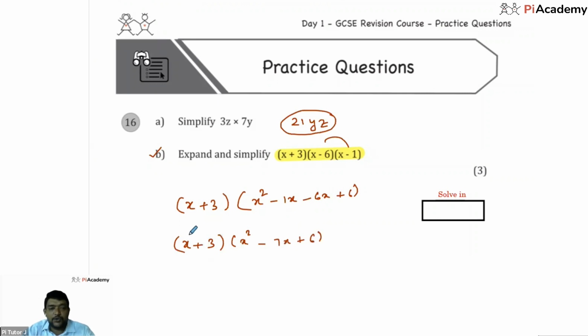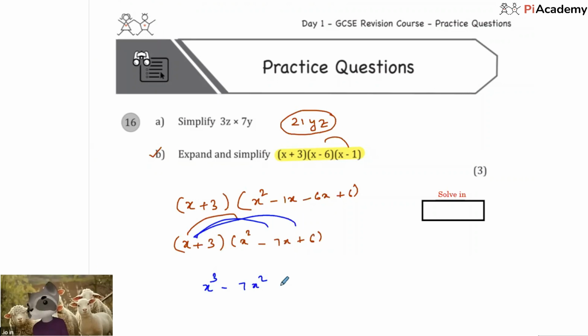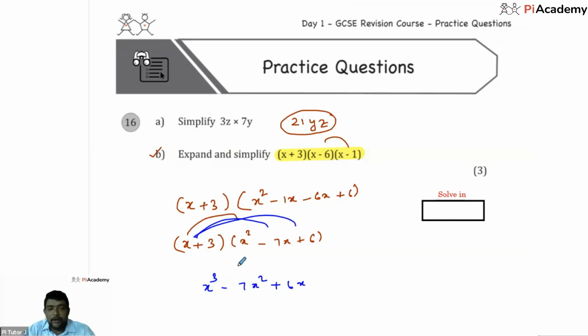Now I multiply these two. x times x squared is x cubed. Next, x times minus 7x is minus 7x squared, and x times 6 is 6x. And then 3 times x squared is 3x squared. 3 times minus 7x is minus 21x. And 3 times plus 6 is plus 18.